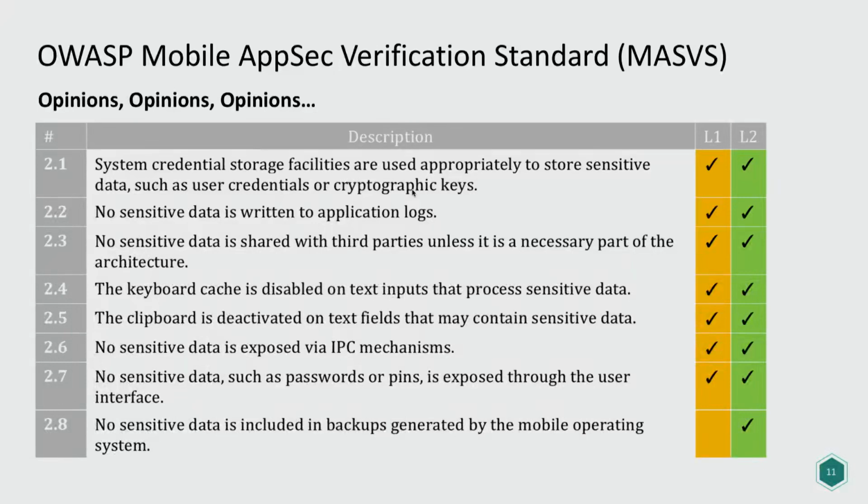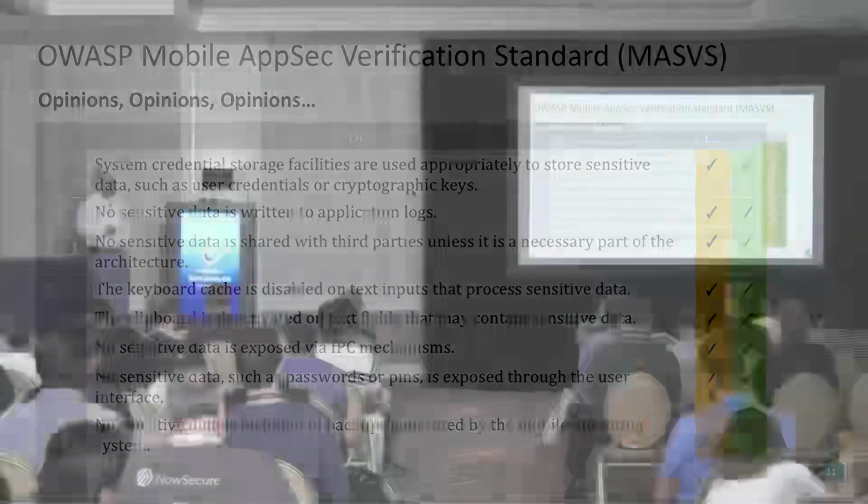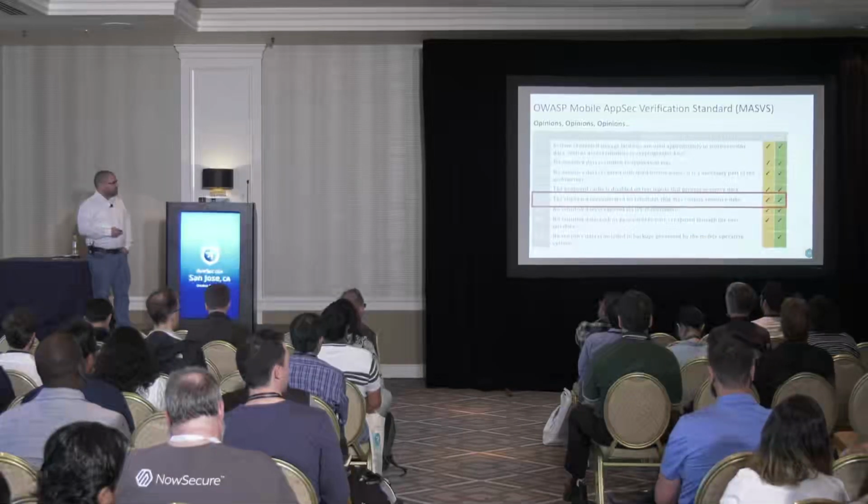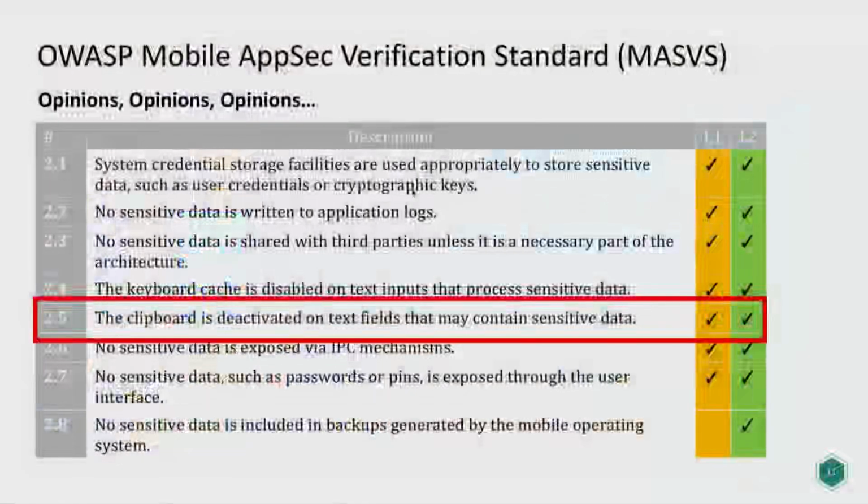In order to come to these requirements, there were obviously a lot of opinions. Some people definitely wanted to have the requirements in the MASVS, some of course not, so this was a process. To give you an idea of this, we have requirement 2.5 here: the clipboard is deactivated on text fields that may contain sensitive data.